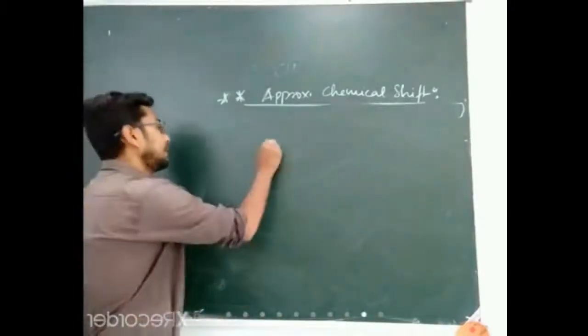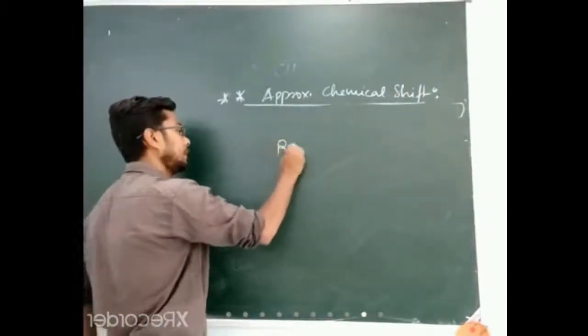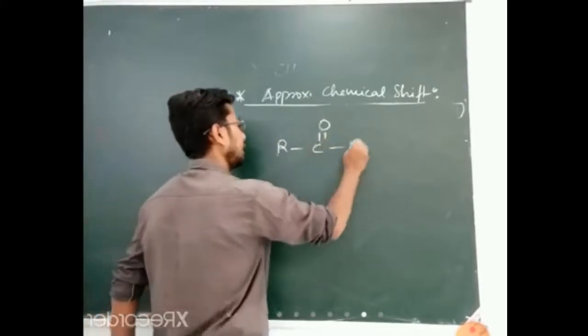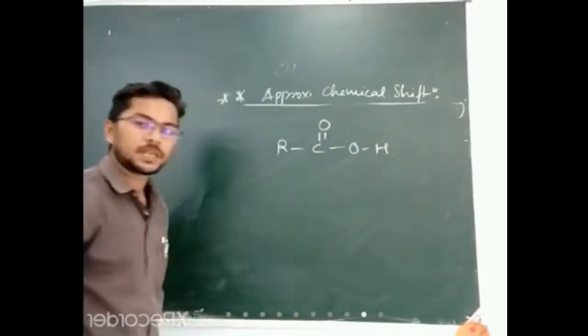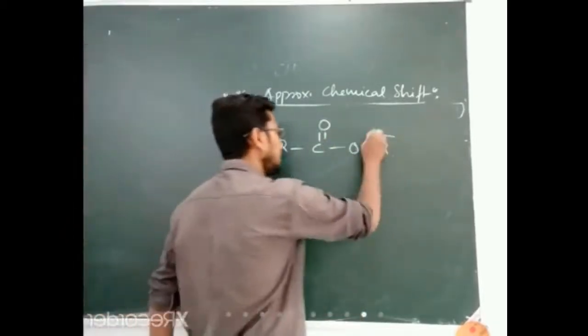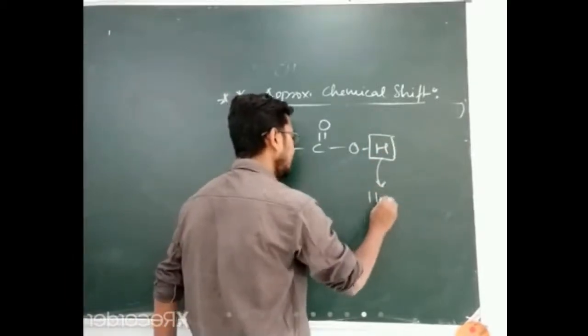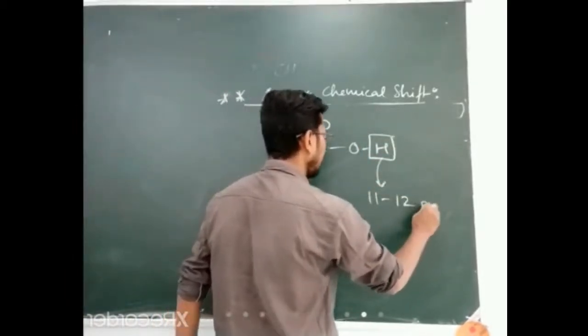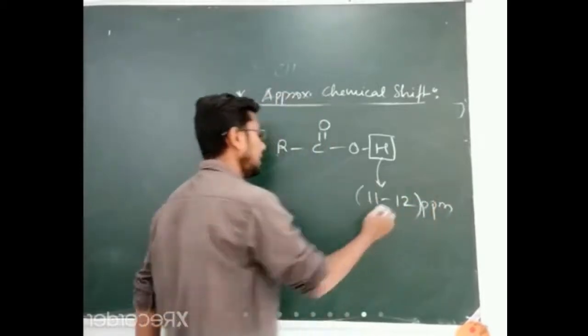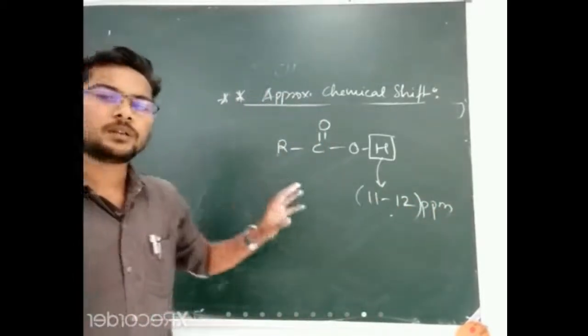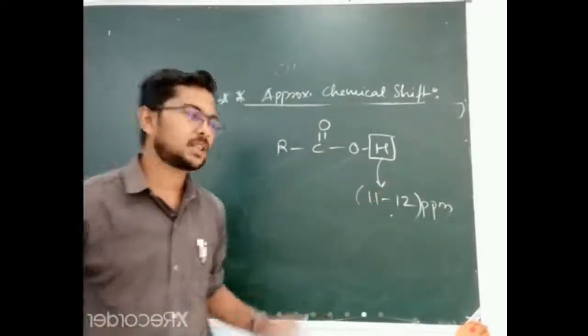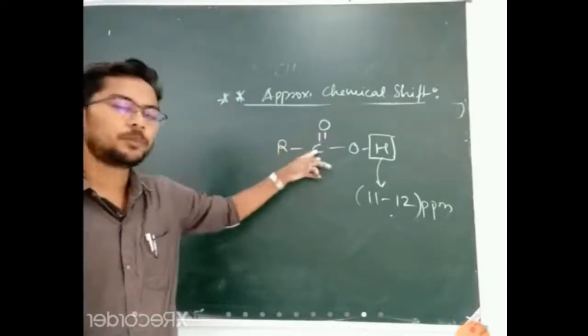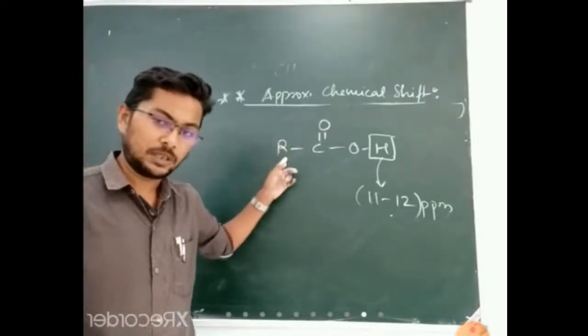Acid. Acid groups are characterized by the presence of the OH group in the 11 to 12 ppm region. Then this part is the same as your other groups that we have discussed. If there is CH3 here next to the carbonyl group, you will search in the 2 to 3 region.